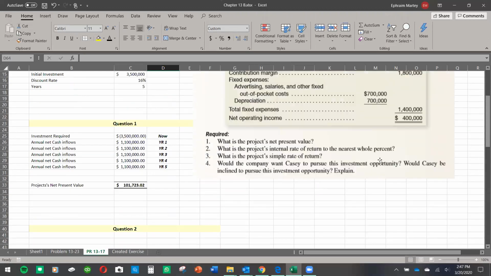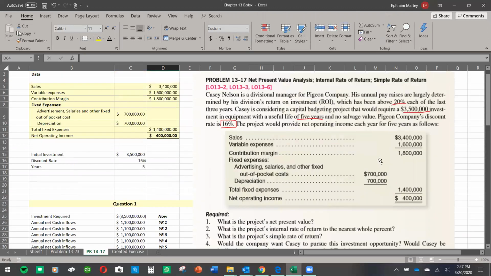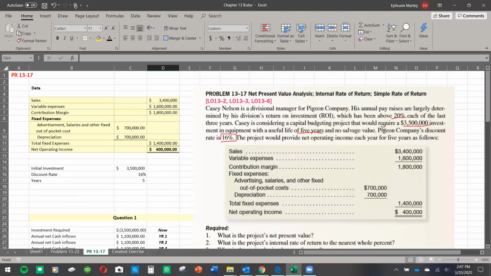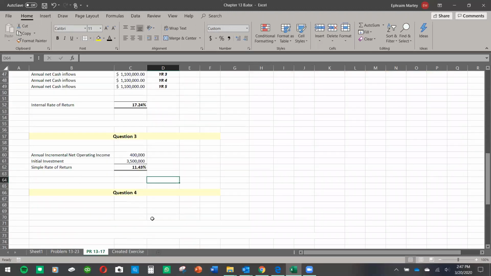But Casey himself will not want to do it, because remember, his pay raises depend upon his ROI, and his ROI is 20% right now. So 17% or simple 11% means he's going to lose some pay raises. Okay, so that is number 4. You can put in your own words.